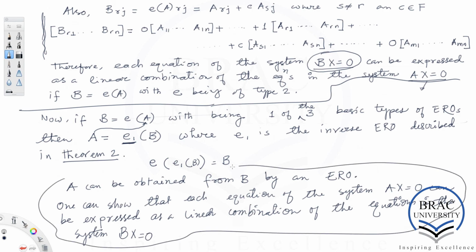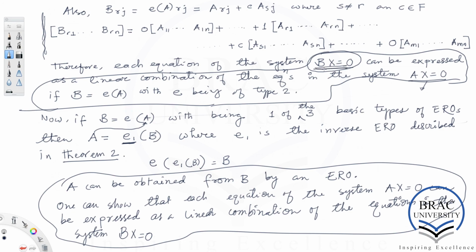Okay, so together this and this, we immediately see that each equation of the system Bx equal to 0 can be written as a linear combination of the equations in the system Ax equal to 0, and each equation of the system Ax equal to 0 can be written as a linear combination of the equations in the system Bx is equal to 0.